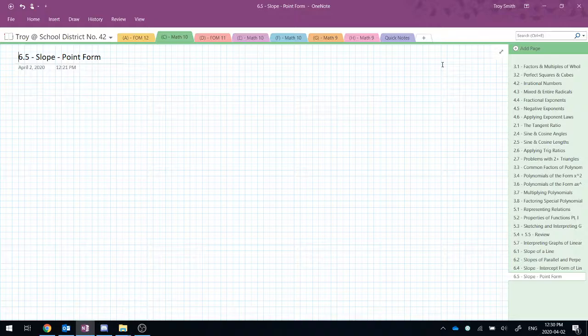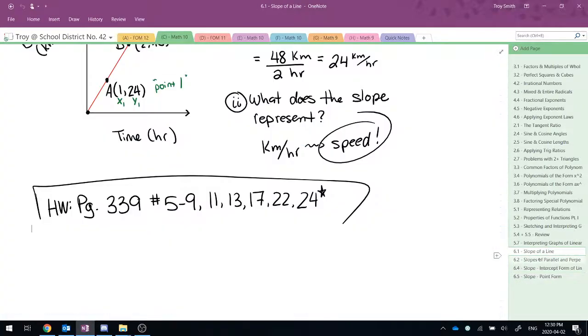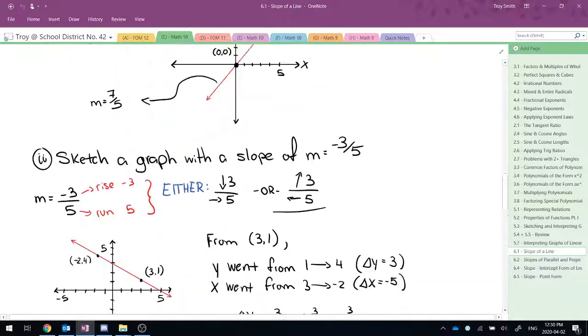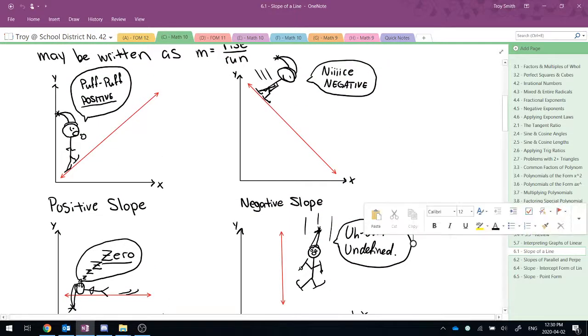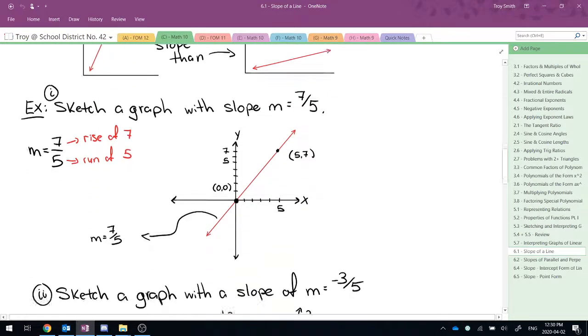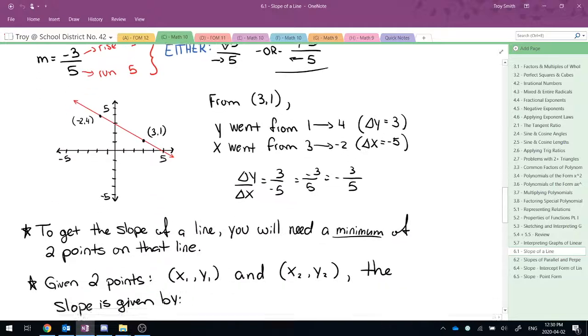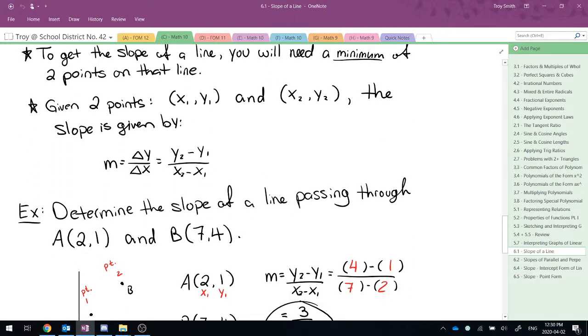So let's just do a quick review of what we've been doing. Obviously we started chapter 6 taking a look at slope. We got our general formula for slope, which is y2 minus y1 over x2 minus x1.